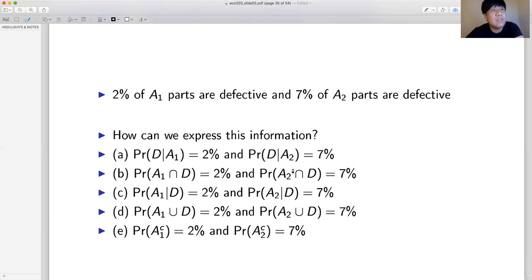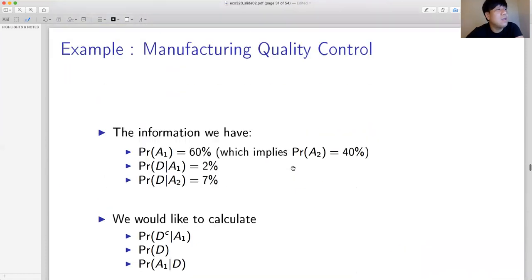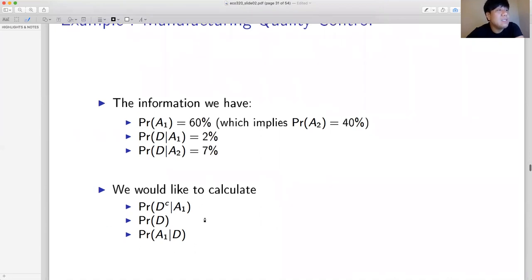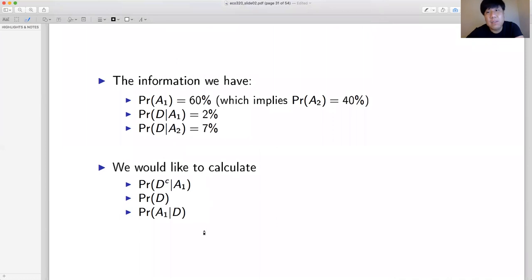So it should be this part A, right? So probability of defective given A1 is 2%, probability of defective given A2 is 7%. We know this is 60%, and we would like to calculate that. Please try this, pause the video and spend like 10 minutes to try to find this one. If you can find it earlier than that, that is also great, but absolutely try this one, okay?